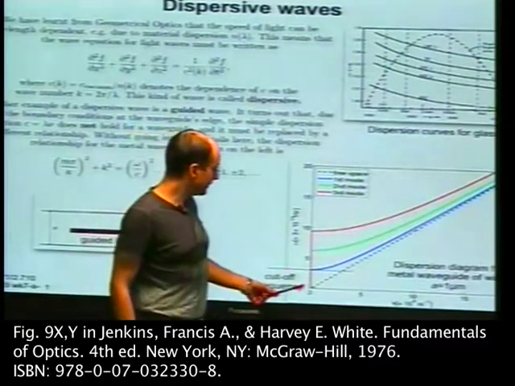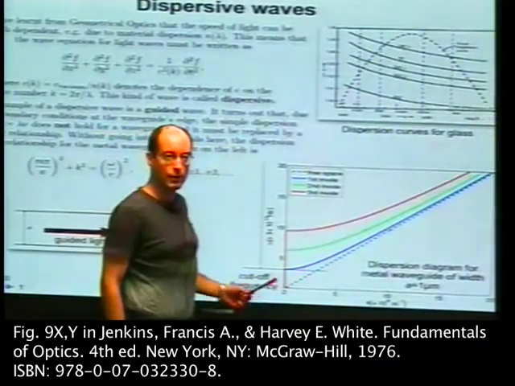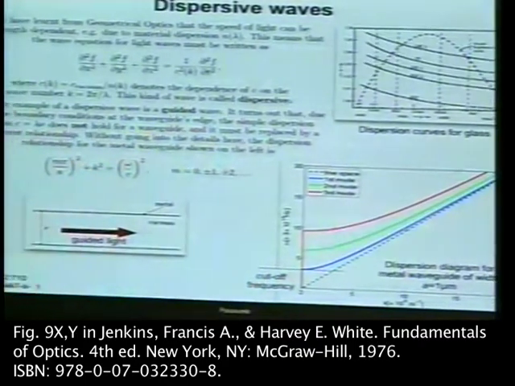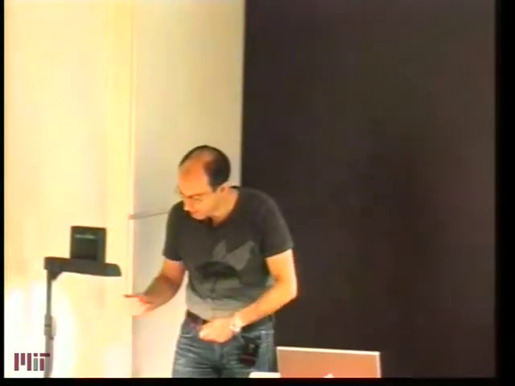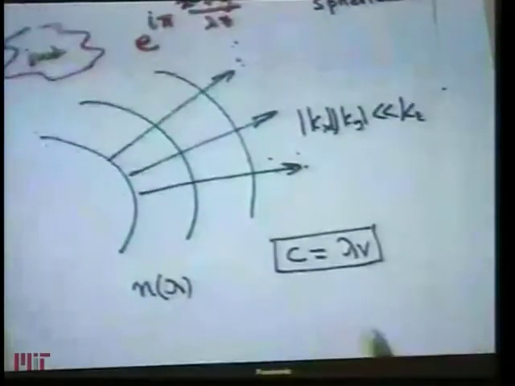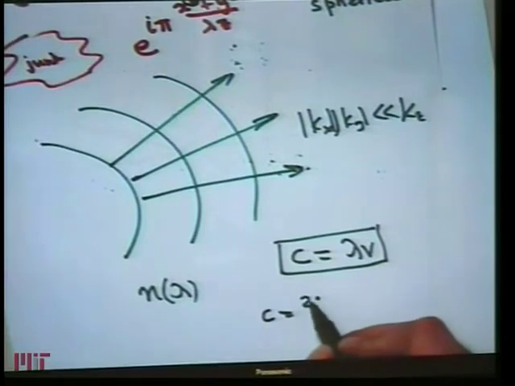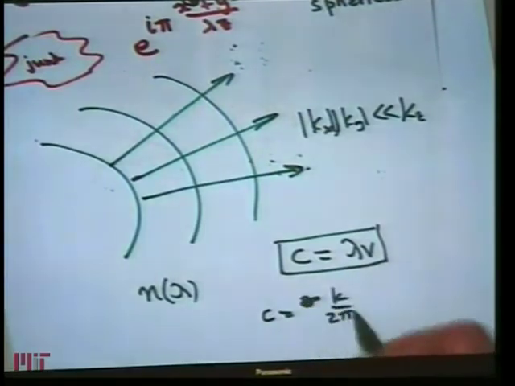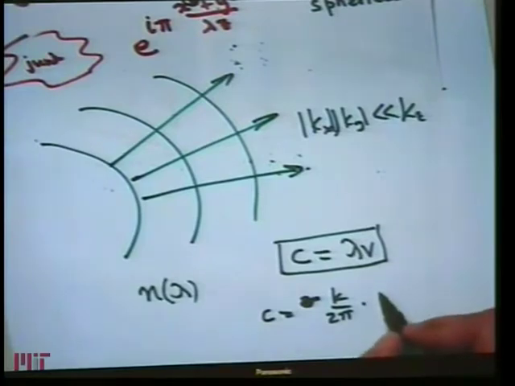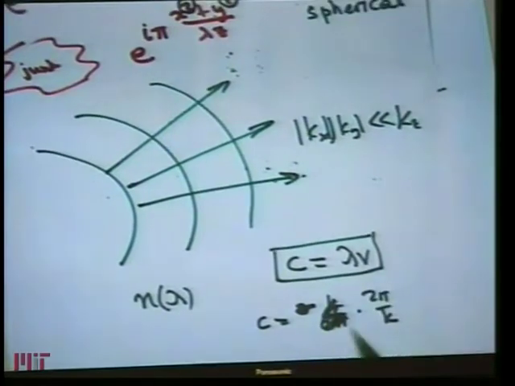Now, interestingly, if you were in free space, this would look like a straight line because, of course, I have written this equation many times. I don't feel like writing it again. Well, let me do it once more. In free space, I have that c equals 2 pi over k, that is also known as lambda, times omega over 2 pi.